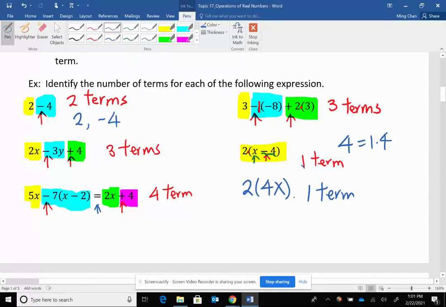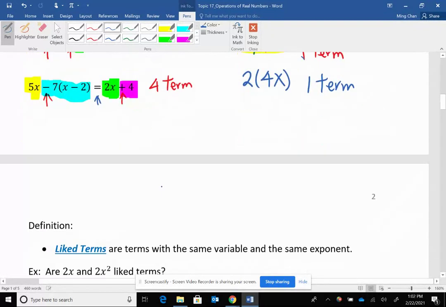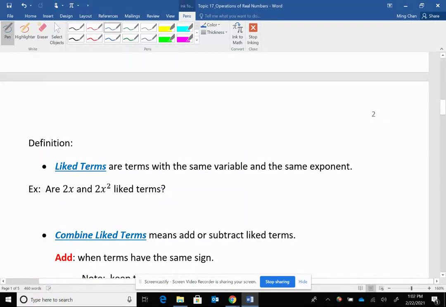This one has 1 term inside. The one above it has 2 terms inside. So what's the difference? The 2 answers will definitely be different, and how we simplify these 2 expressions will also be different. Everything we do in algebra is dictated by how many terms we have. All right, let's continue.